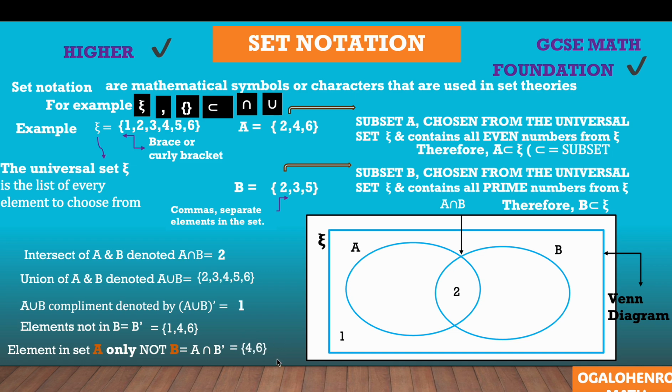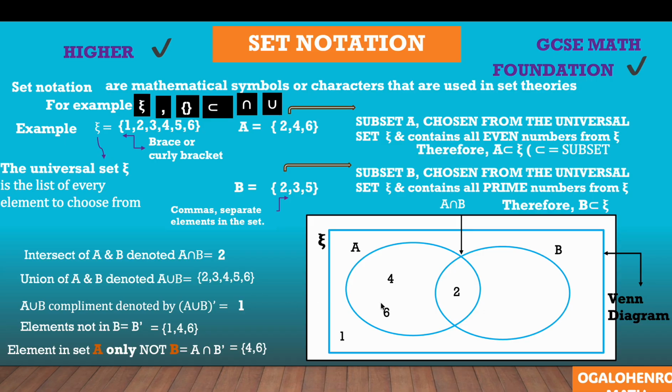And that is what we have gotten here, 4 and 6. We have to put these 4 and 6 in the space. So here we have got 4 in A, outside the overlap, remember, and also we've got 6 also outside the overlap, but in A.